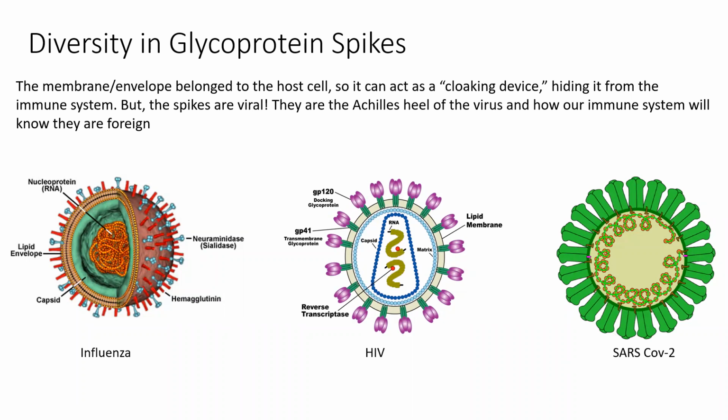A big disadvantage of the envelope is that they are much more easily susceptible to the physical and chemical antimicrobials because it's made up of a phospholipid bilayer. And so as you can see in the picture on the far right, COVID has an envelope.